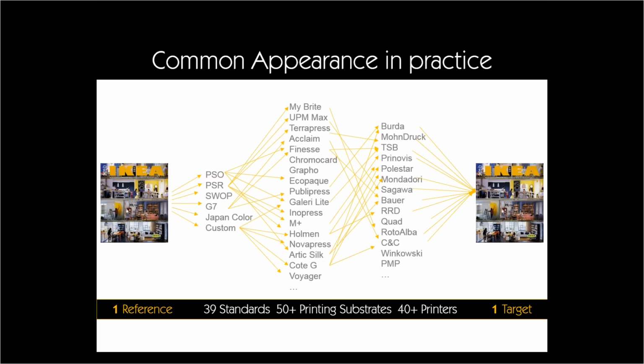And with the variety of printing substrates, we print in very different locations all over the world. But in the end, I want my catalog to look the same, to have a common appearance in all of my catalogs. IKEA is actually using the Color Master for their production.